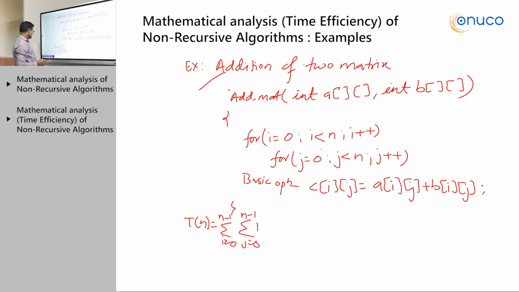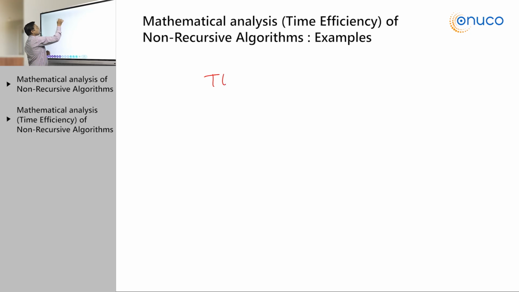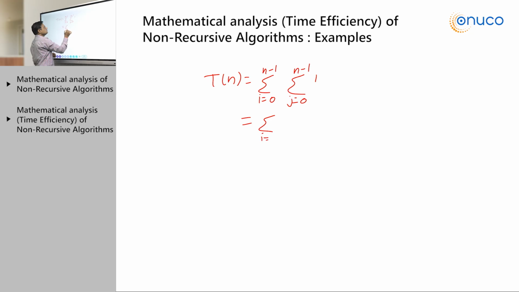Right? So, how are you going to do it? We can write T of n is equal to the sum from 0 to n minus 1, the sum from 0 to n minus 1, of 1. Upper limit minus lower limit plus 1. Same thing. So for i equal to 0 to n minus 1, upper limit n minus 1 minus 0 plus 1.